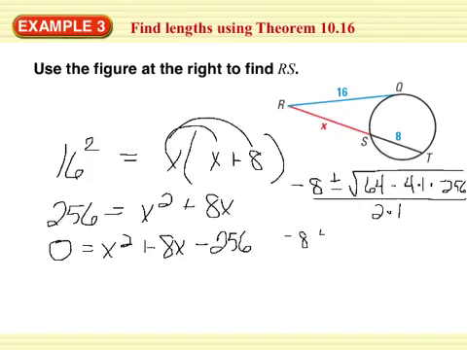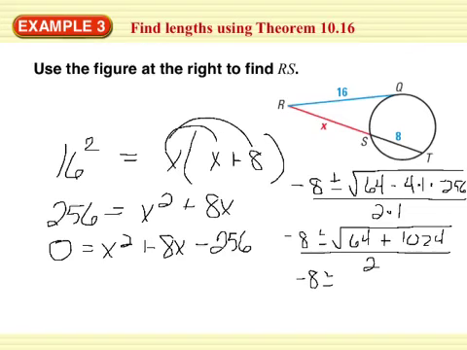Negative 8, square root of 64, a negative times a negative is a positive, 4 times 256, 1024. Add those together, 1088.